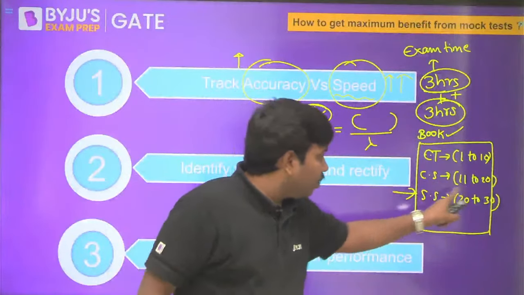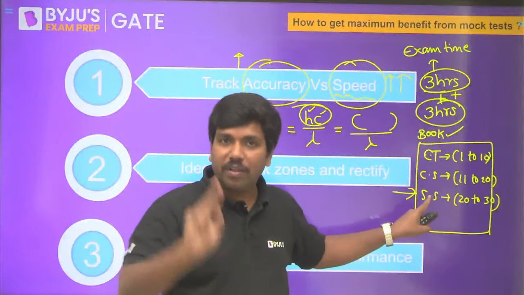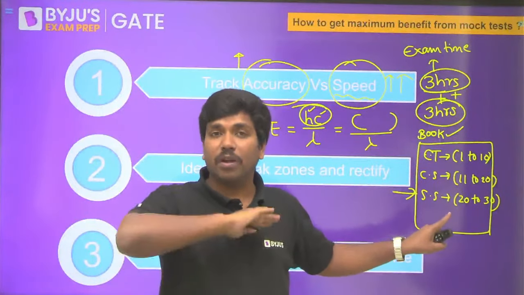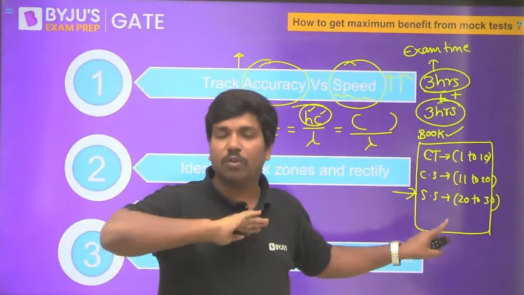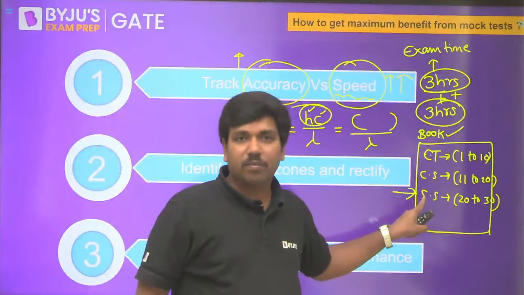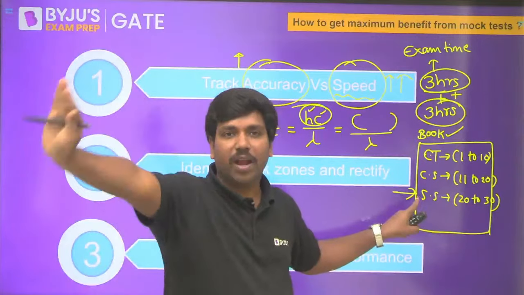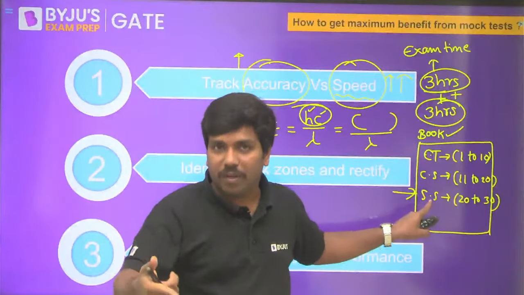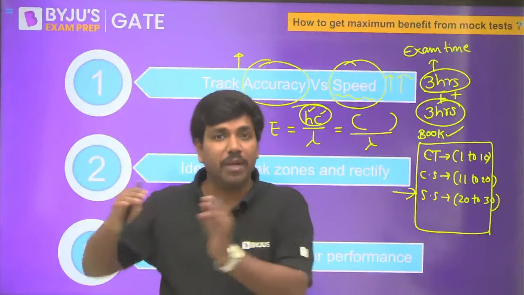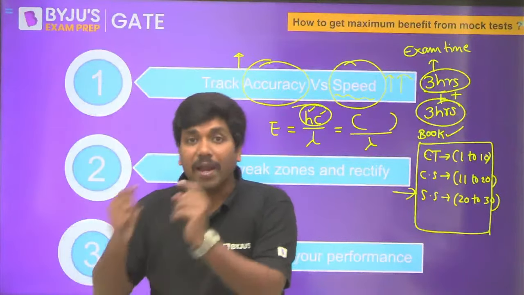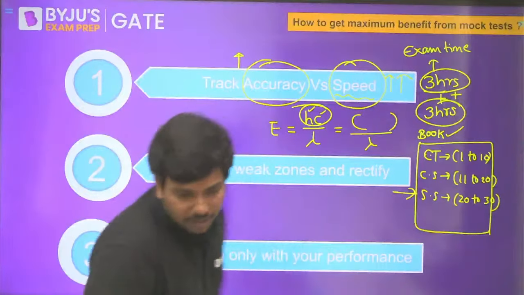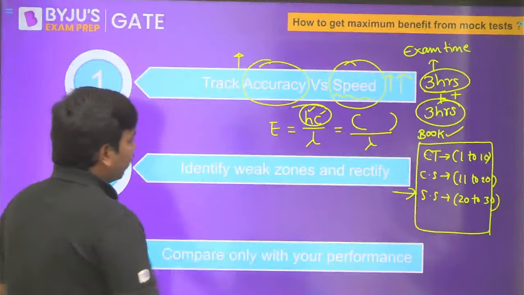If you are not making any mistake in signals and systems in the first, second and third mock tests, that means your revision, your conceptual clarity, your speed, your accuracy, everything is perfect as far as the signals and systems subject is considered. Then you can take it for granted and there is no need to work more on this subject. Clear? So you need to focus on the other subjects. So the evaluation is meant for identifying the weak zones, and at the same time self-appreciation for the strong zones.